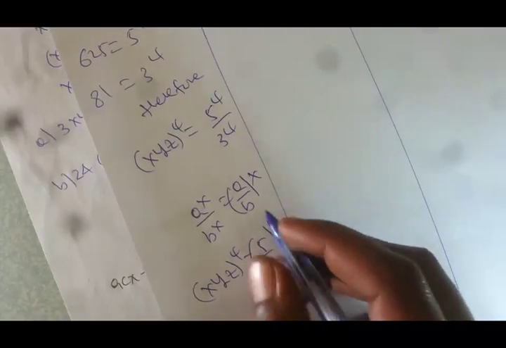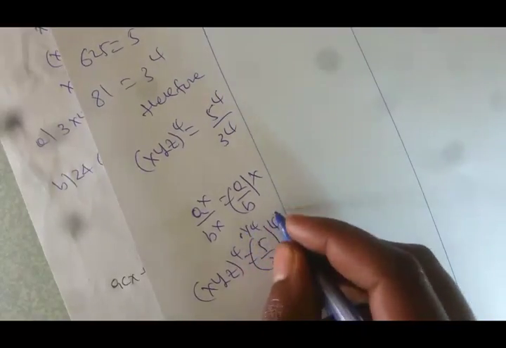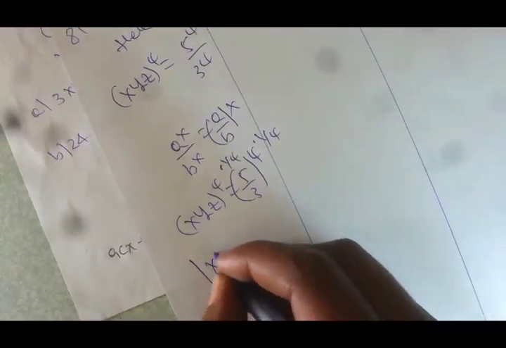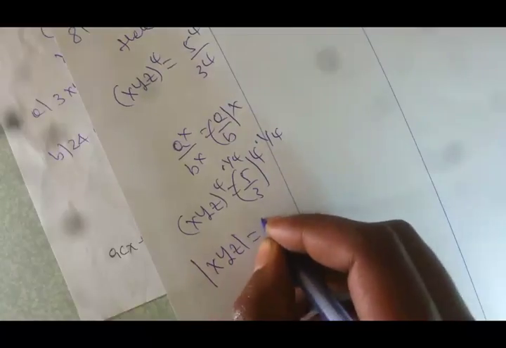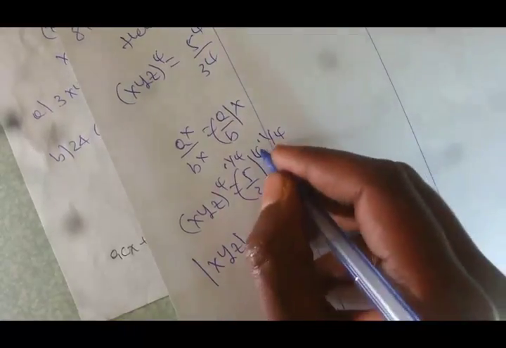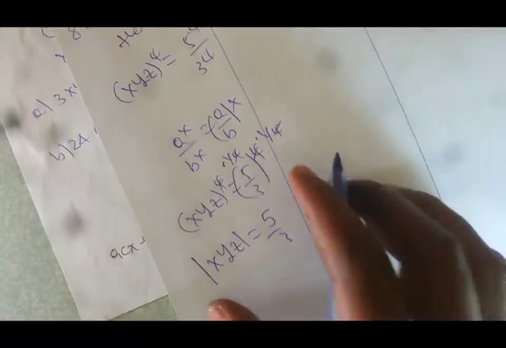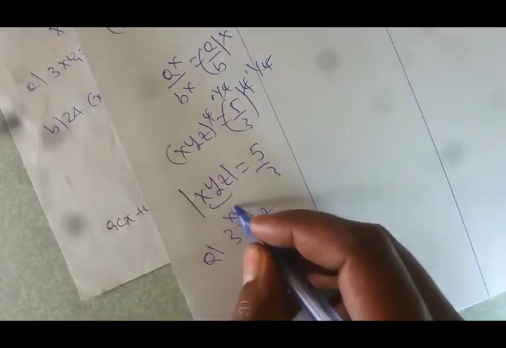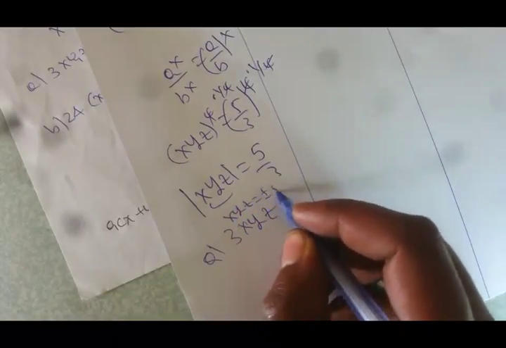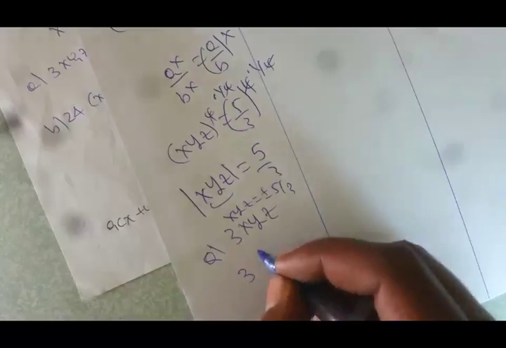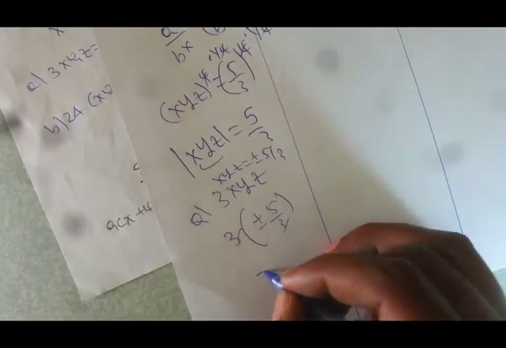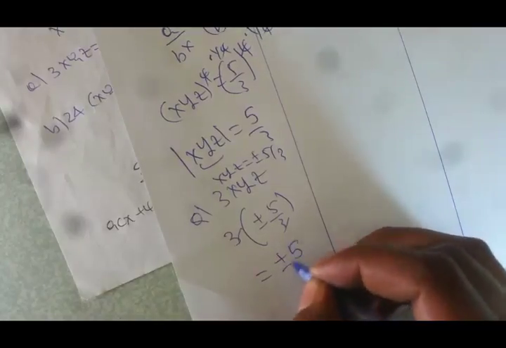We are asked to find 3 times xyz, and absolute value of xyz means plus or minus 5 over 3. Therefore 3 times plus or minus 5 over 3, the answer will be plus or minus 5.